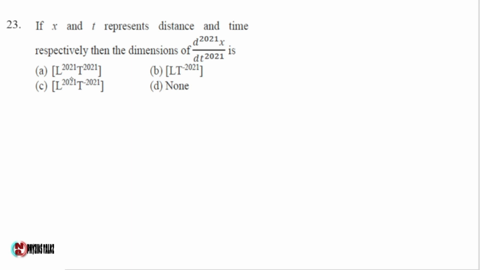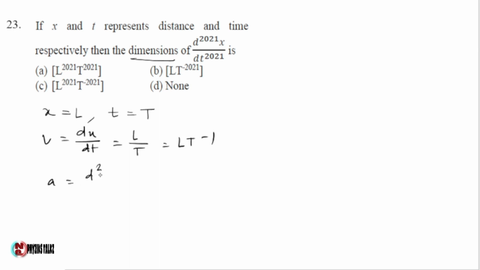Next question. If x and t represent distance and time, find the dimensional formula of this. Now x is L, t is time. Now velocity v is dx by dt, which gives L by t equals LT minus 1.